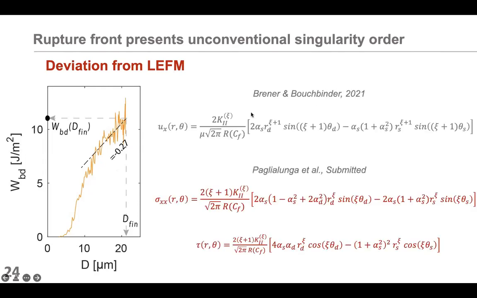And so using elastodynamics equations, we solved the expected stress field as a function of the distance from the rupture tip and the position around the tip for such unconventional singular field. Using such estimates of the Xi exponent, you can see that we can define the stress field.